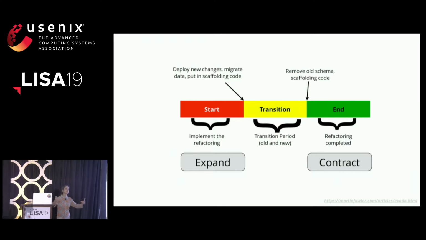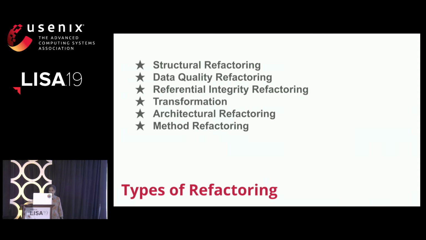You expand to both implementations, and then you contract to the newer implementation. This is similar to branch by abstraction, where you have parallel implementations and then you kill the old implementation over time. The database refactoring book talks about a lot of refactoring techniques similar to this.